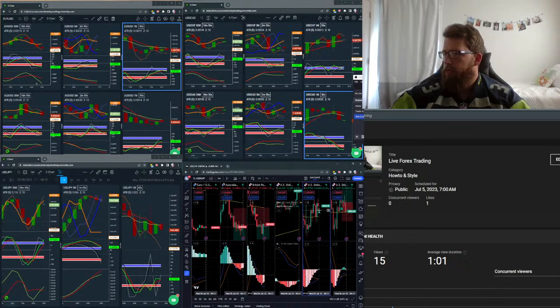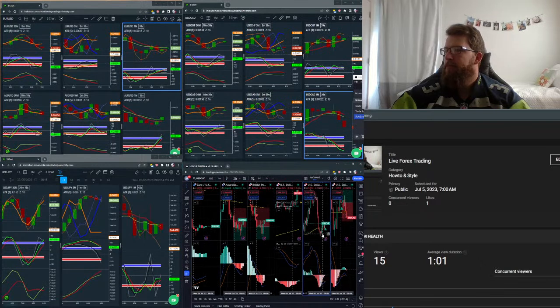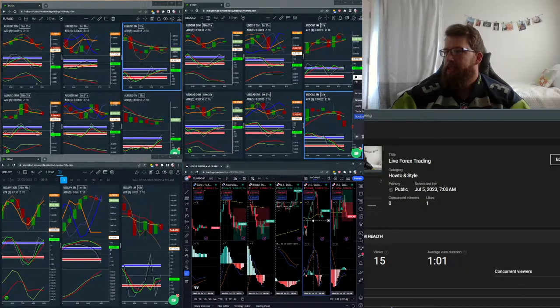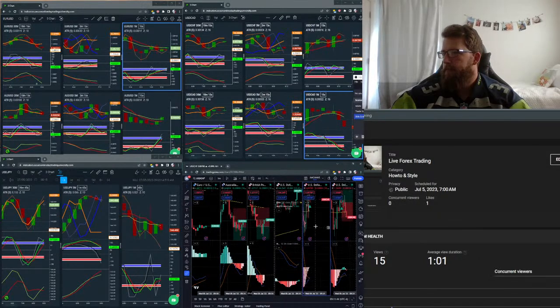Looks like we have a possible signal here if this closes. I don't love taking these trades when they're playing around with that 200 EMA. But just for craps and giggles.